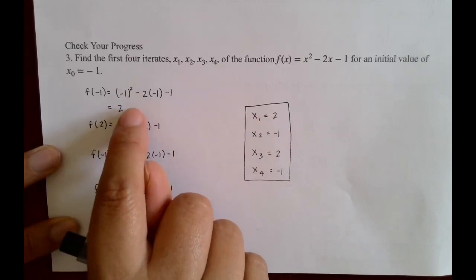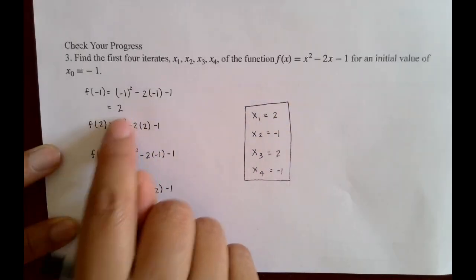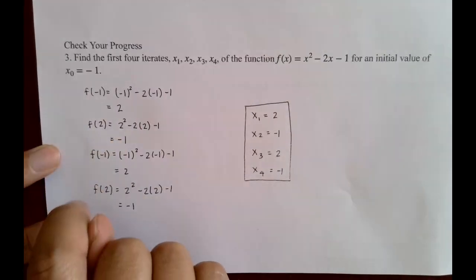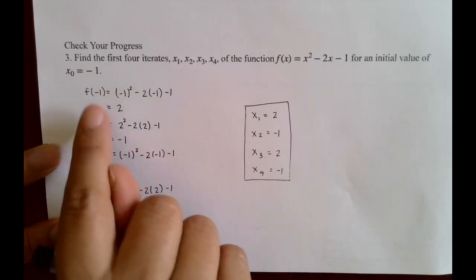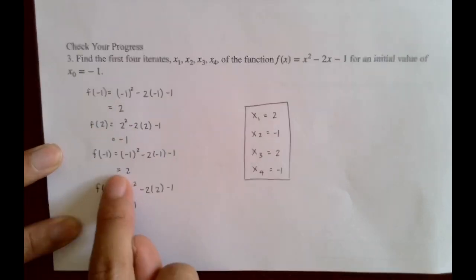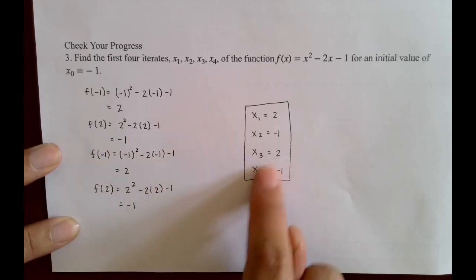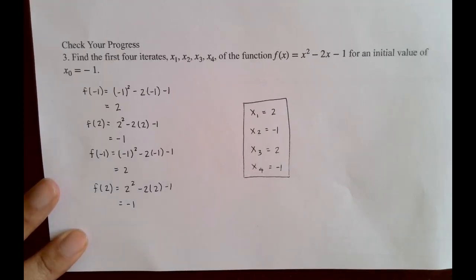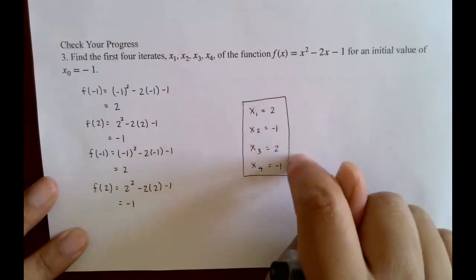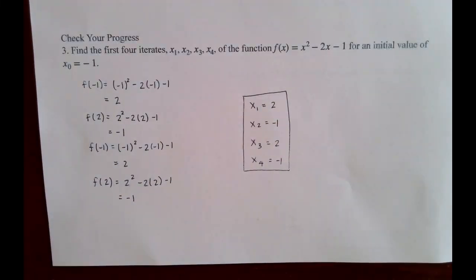Then to get the second one, I'm going to take this 2 and plug it into the function. So 2 squared is 4. -2 times 2 is -4, so 4 minus 4 is 0, 0 minus 1 is -1. Then it takes us back to this, and that gives us 2, and then takes us back to the 2 again, gives us -1. So that's the third iterate and the fourth iterate. And so 5th, 6th, 7th, 8th, it's just going to keep going to 2, to -1. And how we get it is we take the previous one and plug it into the function to get the next one.